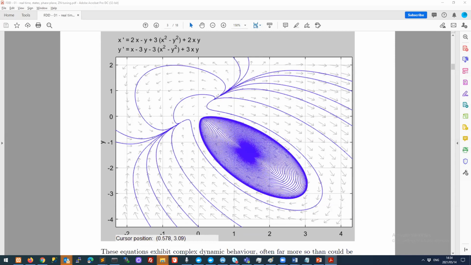So you can see that if you start here, then the system will loop around and it will fall into this steady state. If you start even closer, it will still loop around and fall into this steady state. But the moment you cross a boundary here, suddenly the system no longer looks for this steady state. Suddenly the system loops around here and then falls into a steady state in here.